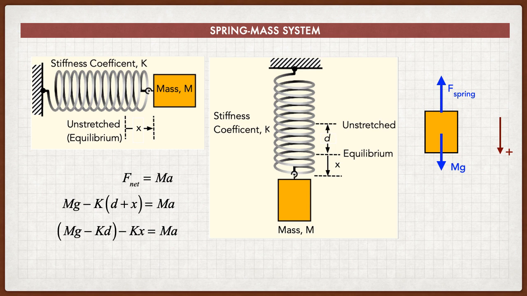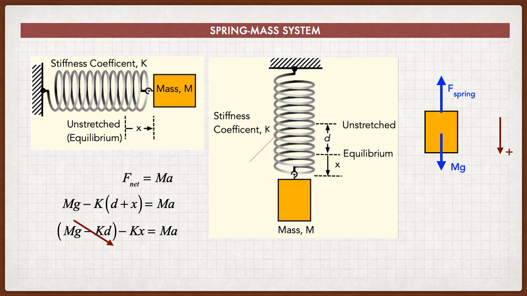Distribute the k and rearrange. mg minus kd. mg minus kd? Hold on. If it walks like a duck and it quacks like a duck, well then, it's probably a duck. In this case, we're talking equilibrium. D is the equilibrium stretch.